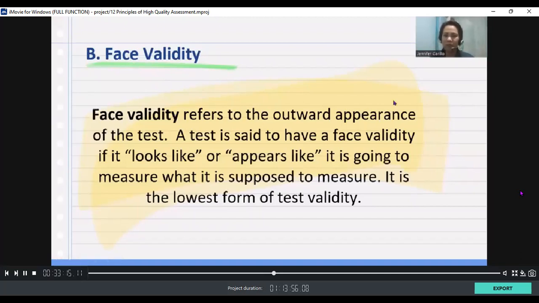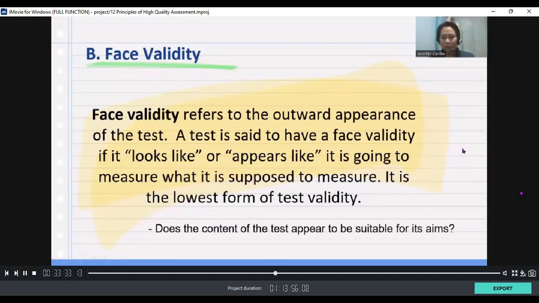For example, another one, kanang mga pictures, dapat klaro. Kung dili klaro imuhang pictures, gamay kaayo or hanap kaayo ang print, ma-mislead ang estudyante. So this will ask the question, does the content of the test appear to be suitable for its aims?